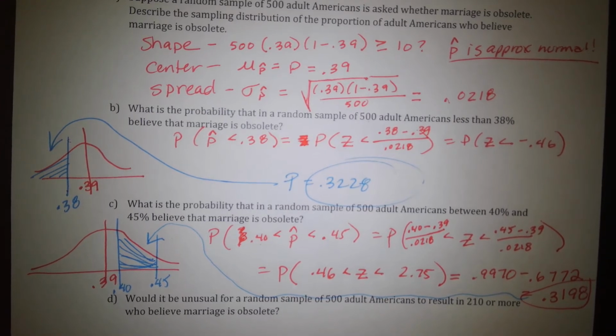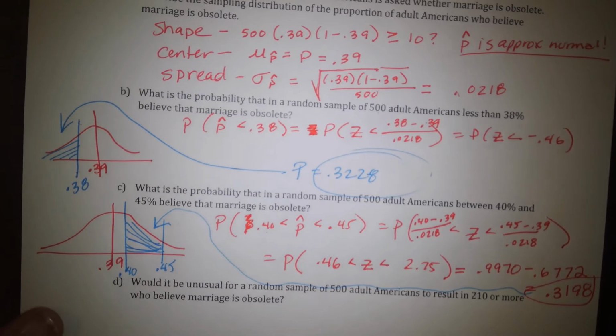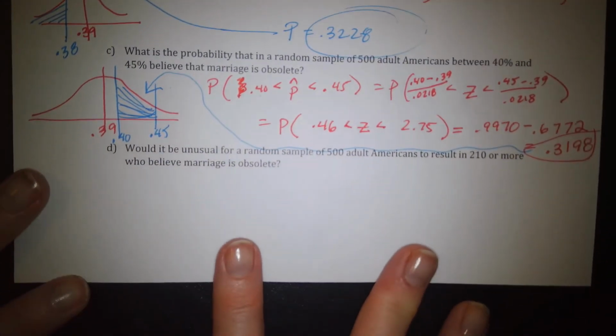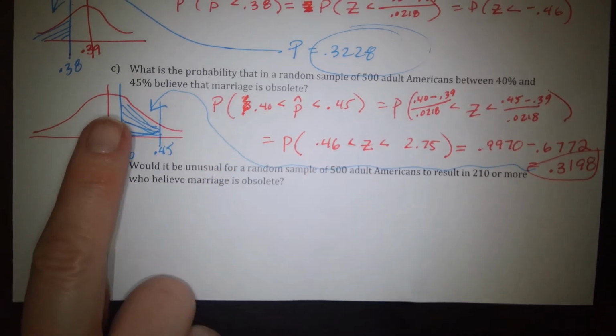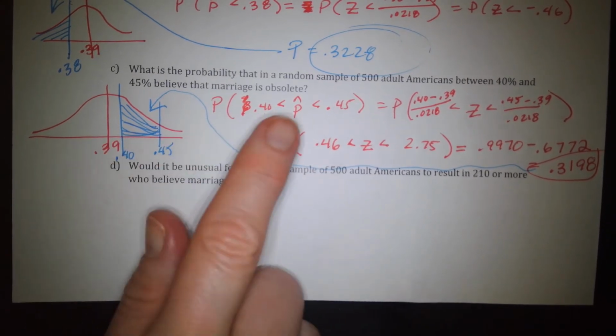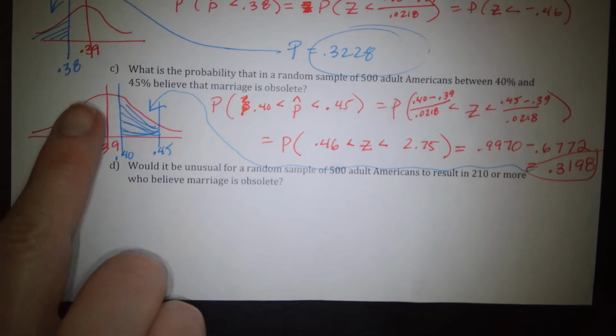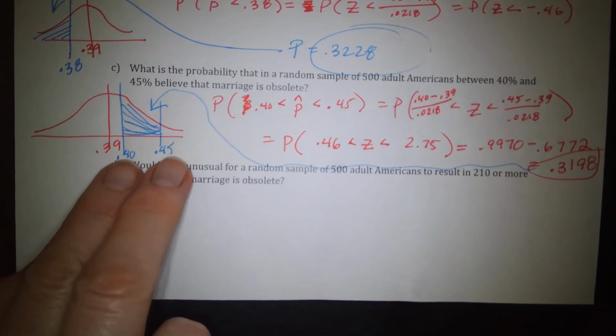So for the last question, it says, would it be unusual for a random sample of 500 adult Americans to result in 210 or more who believe marriage is obsolete? So the first thing we have to do in these last examples, we already knew what the p-hat was that was given to us. It gave us 40% and 45%, which were the two p-hats.